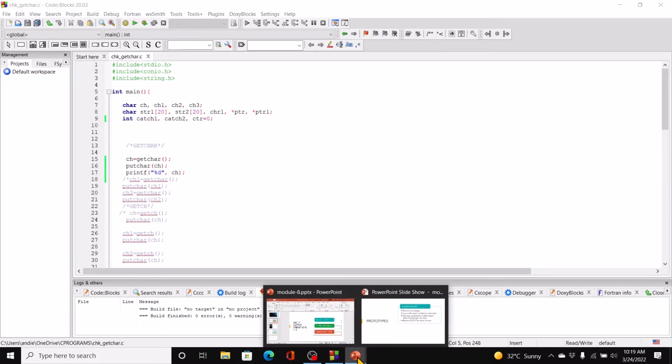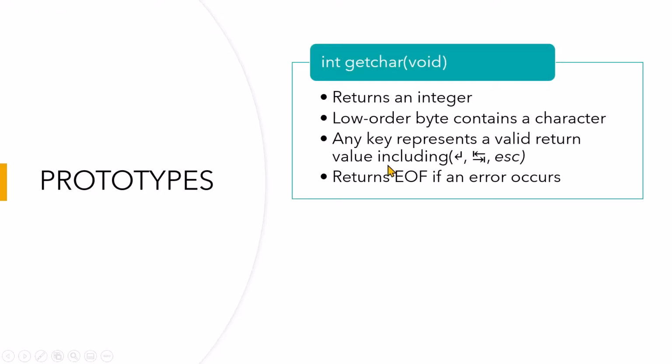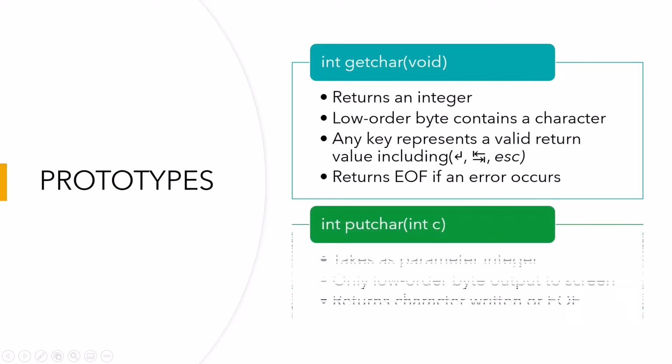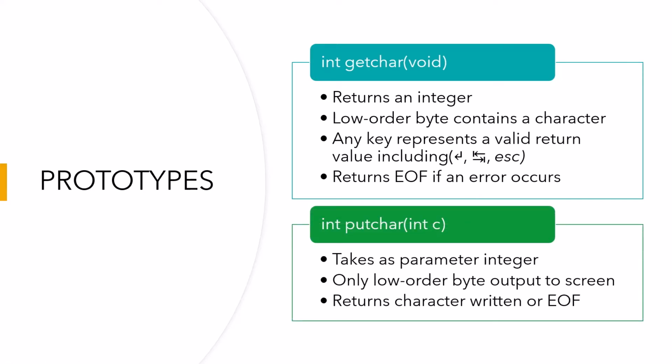Right, moving on. Returns EOF if an error occurs. Now what's EOF? We'll see shortly. Coming to putChar, it takes as a parameter an integer, as you can see there. Only the low order byte is output to the screen because that contains a character. It returns the character written if successful, or EOF again if an error occurs.